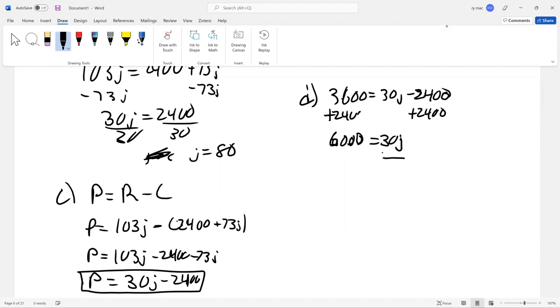Divide by 30. We get that J is equal to 200. So what does that represent? You have to sell 200 jackets to make $3,600.